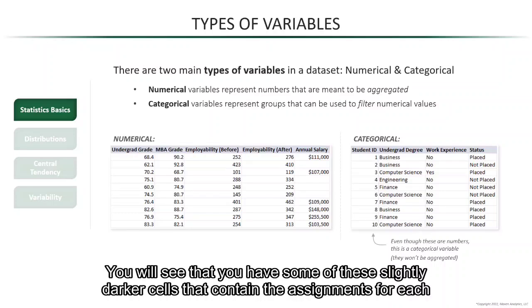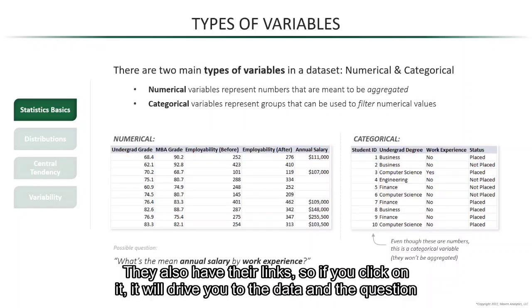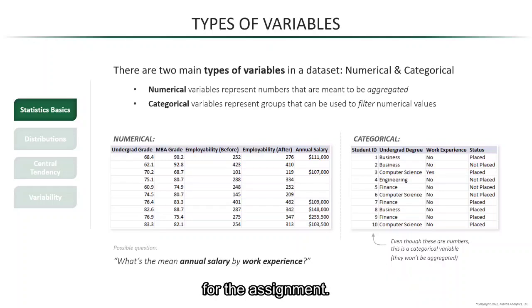And another way to think about it is in terms of a possible question that you could have about the data. Something like, what's the mean annual salary by work experience? Well, that clearly shows that we're aggregating the numerical variable, which is the annual salary, and we're filtering it by work experience, which is categorical. So again, that's your quick intro into the types of variables.